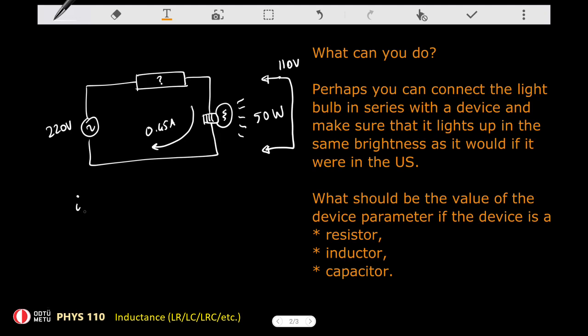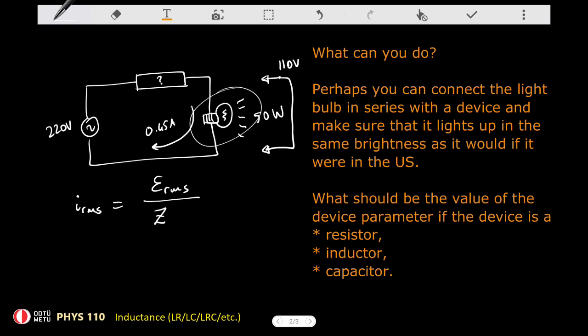The RMS current in that situation is equal to the RMS value of the EMF divided by the impedance of the whole circuit. This time I need to use an impedance because I don't know what this device is. It might be an inductor or a capacitor, so it has a reactance.